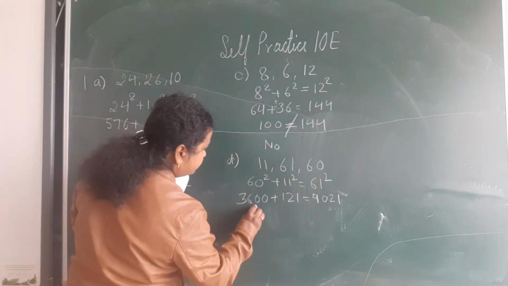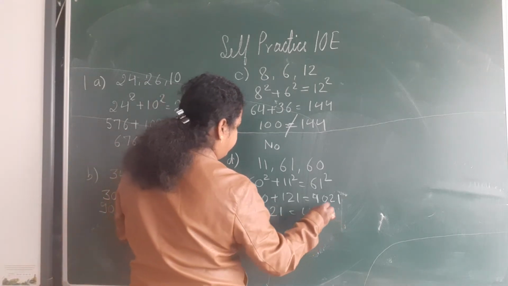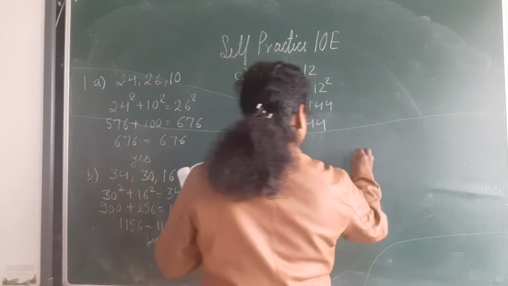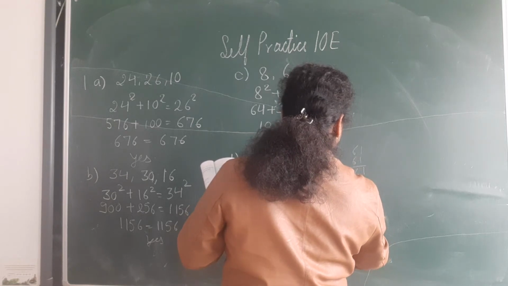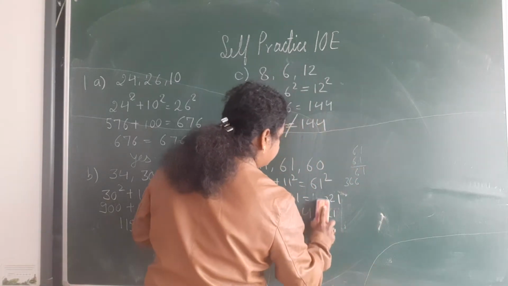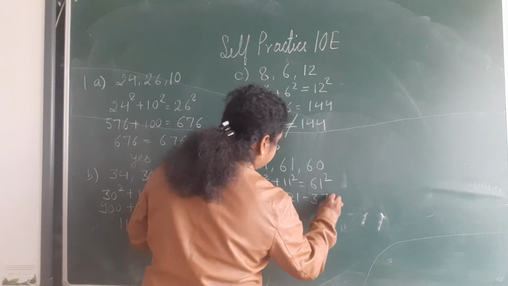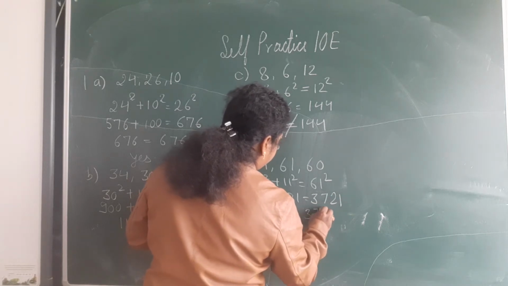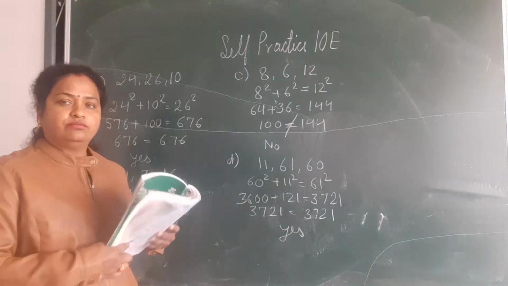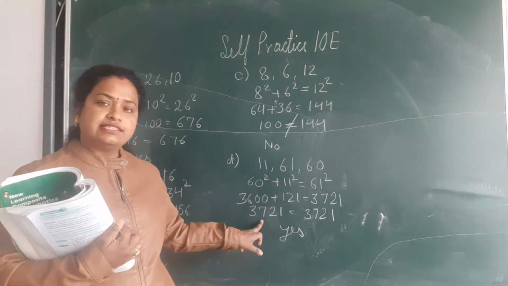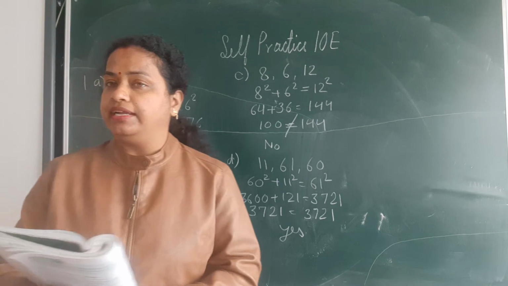Here you are getting 3721 and here also 3721. So both are equal to each other. It follows the Pythagorean triplet.